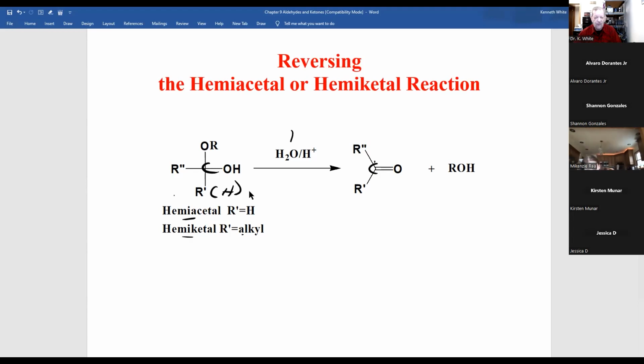If you react it with water, H2O, and acid catalyst, you get back the aldehyde or ketone you would have started with, plus the alcohol you would have used to make that hemiacetal or hemiketal. Now, before we go forward with this reaction, let me write it on the whiteboard.